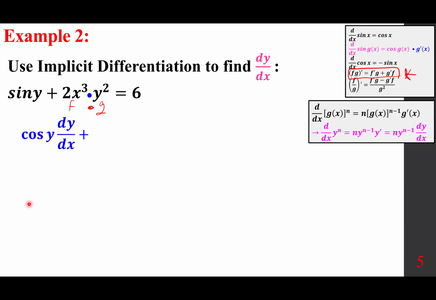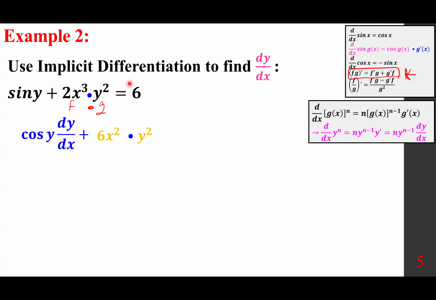Which means the derivative of 2x cubed is 6x squared times g, y squared, plus g prime f. The derivative of y squared is 2y dy/dx. You can look at the extended power rule or understand y means in essence g of x. So the derivative of y to the power of n is n, y to the power of n minus 1, y prime, or dy/dx.